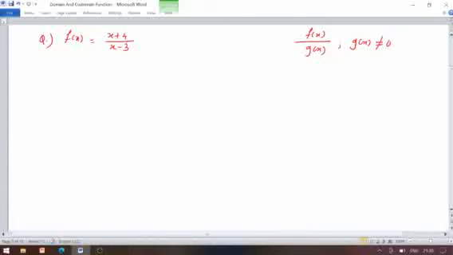Once the g of x is 0, the value of the given division becomes undefined.